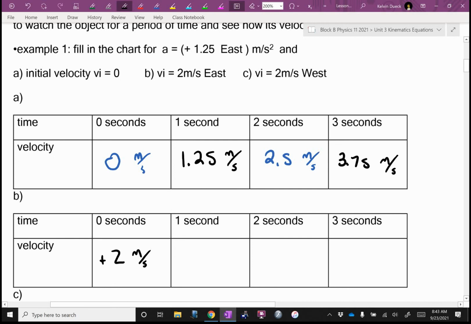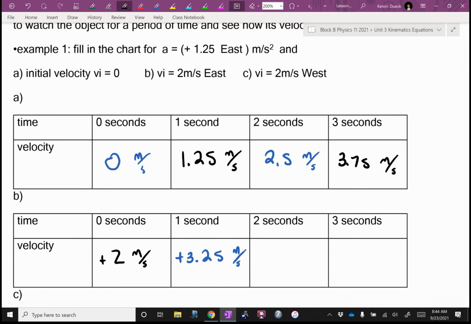3.25. We'll put a positive. That's our way of writing east. What about after 2 seconds? Yeah. 4.5?